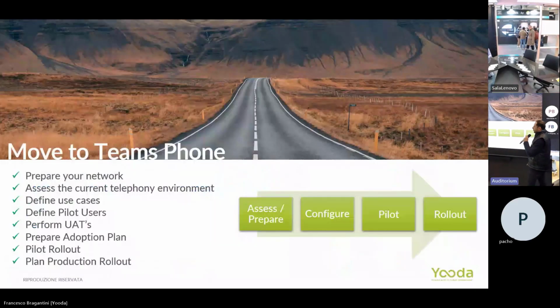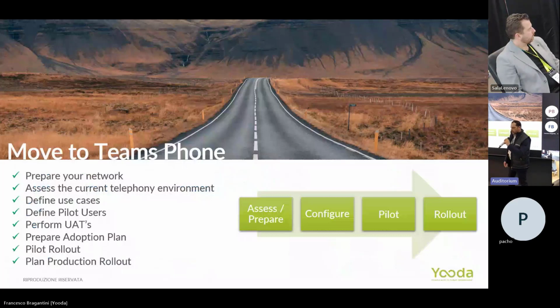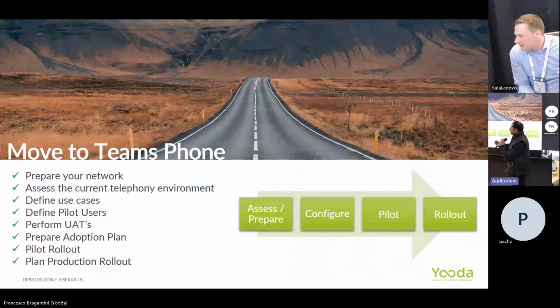Okay, so what you have to do to move to Teams Phone: this is the overall approach that we take for moving a company from legacy PBX to Teams Phone. So basically, you have to prepare your network, make sure your network is good, and access to Teams is within the Microsoft specified latency and packet loss limits.